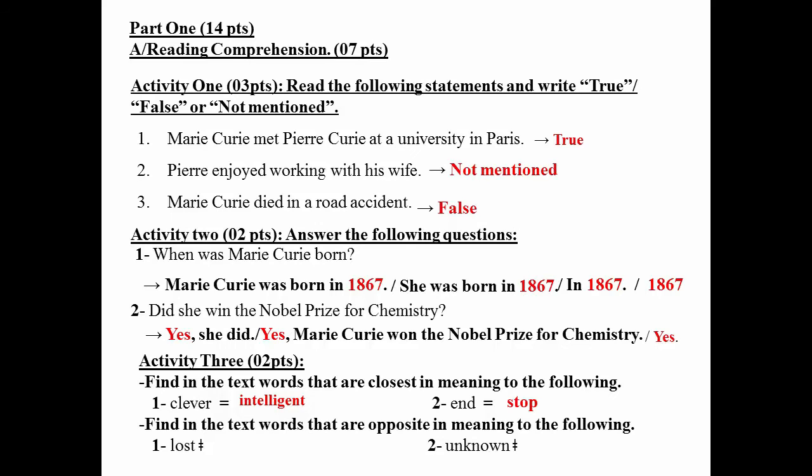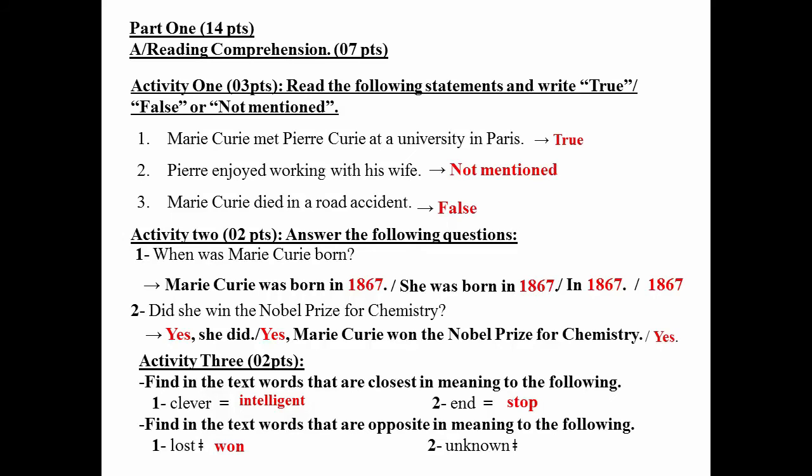Now find in the text words that are opposite in meaning to the following, and you can say antonyms of these words. First one, lost. Your answer? Good. Won.